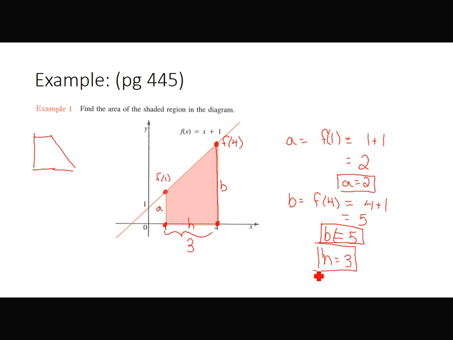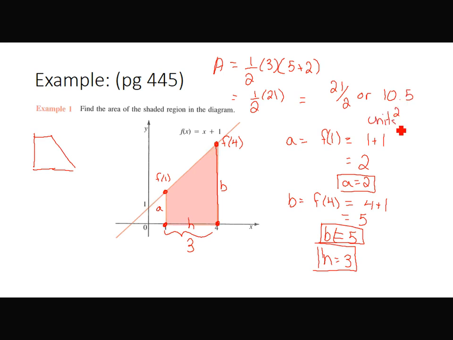And now I can use my area, which is equal to 1/2 my height times (a plus b), which is 1/2 times 3 times (5 plus 2), giving me 1/2 times 21, which is 21 over 2, or 10.5 square units. And that's how we can find the area using a trapezoid.